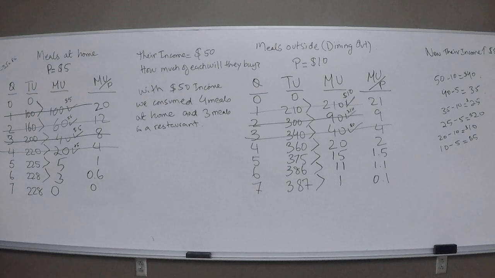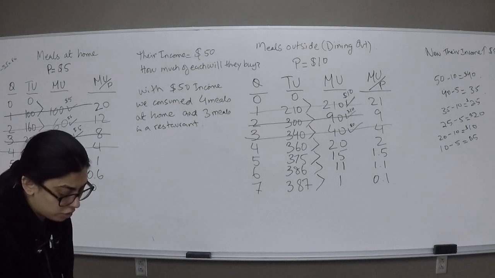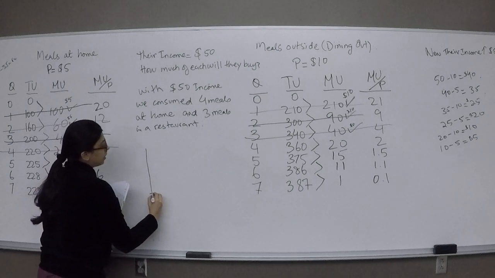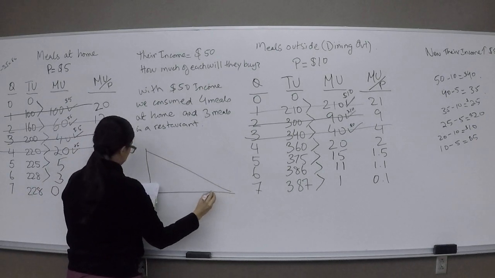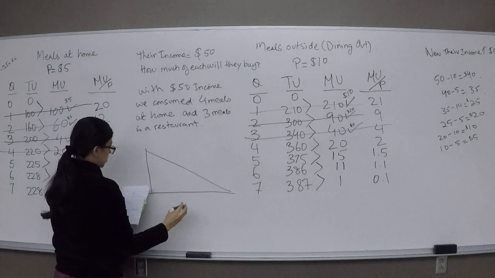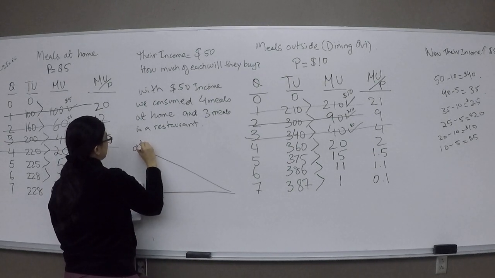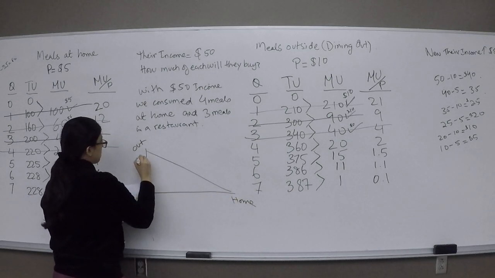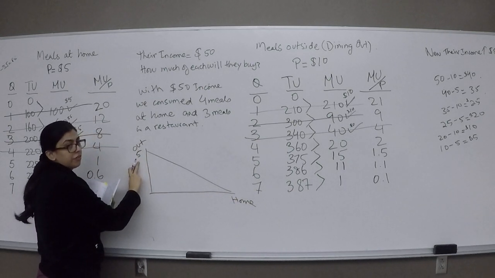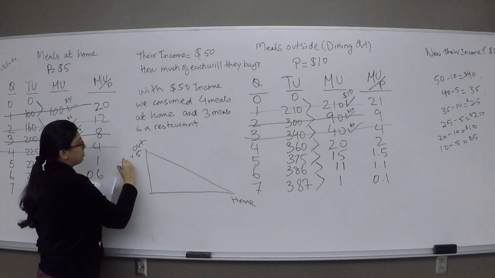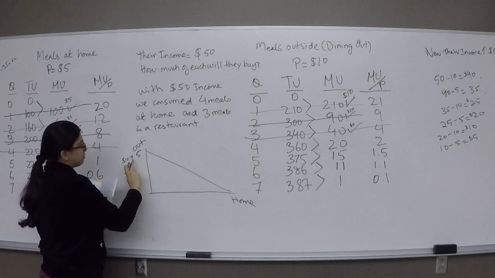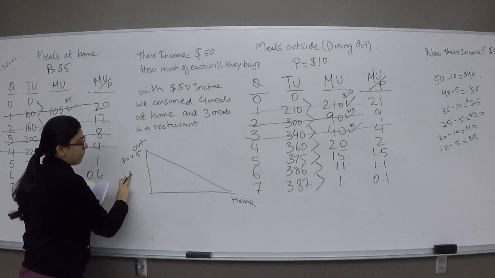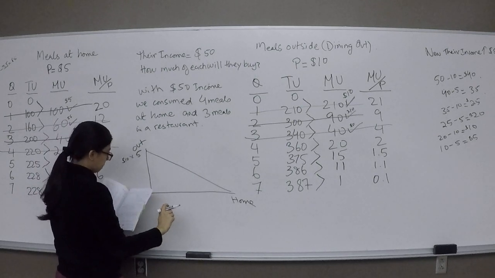So what does your budget line look like? With $50 income, eating out, eating at home, you can eat out 5 times with $50, right? $10 times 5 is $50, so you can eat 5 times maximum outside with $50.